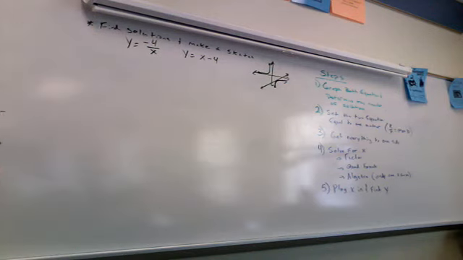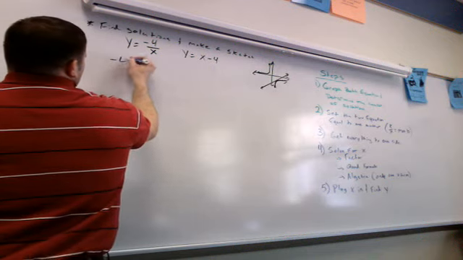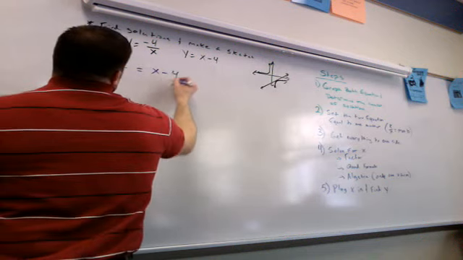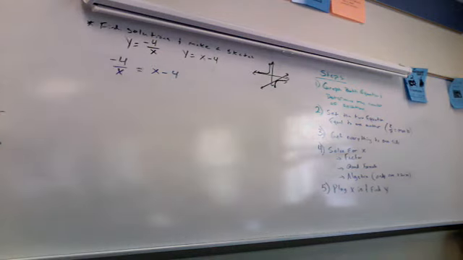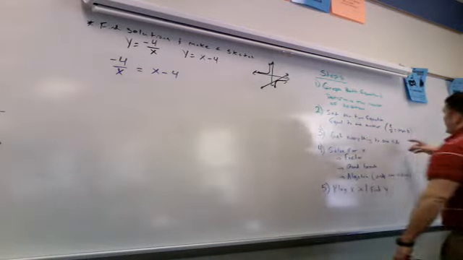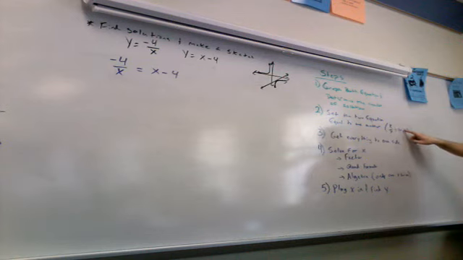Another way to think of this is I'm going to take my two equations and set them equal to each other. So step 2, set the two equations equal to one another. When you set them equal to one another, we'll get something like this: k over x equals mx plus b.